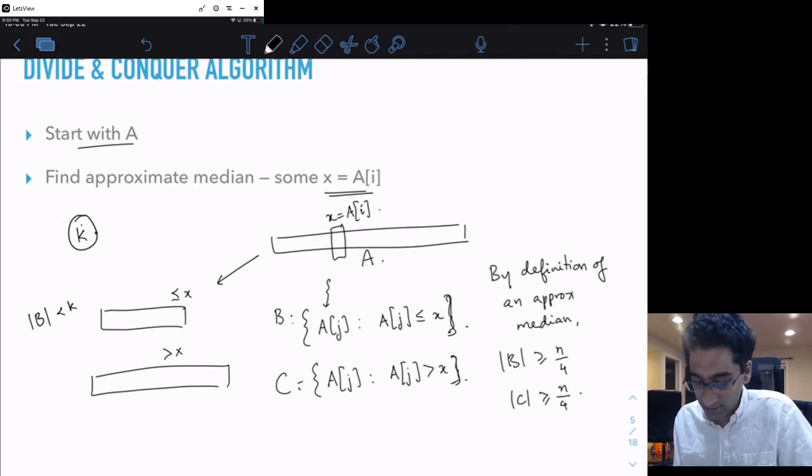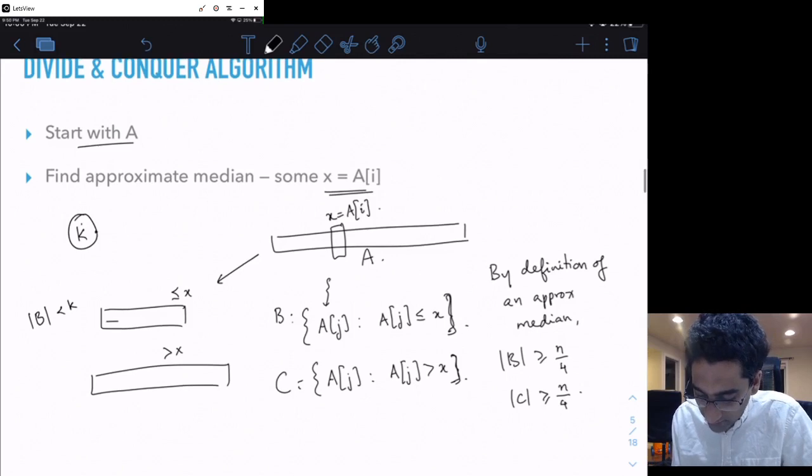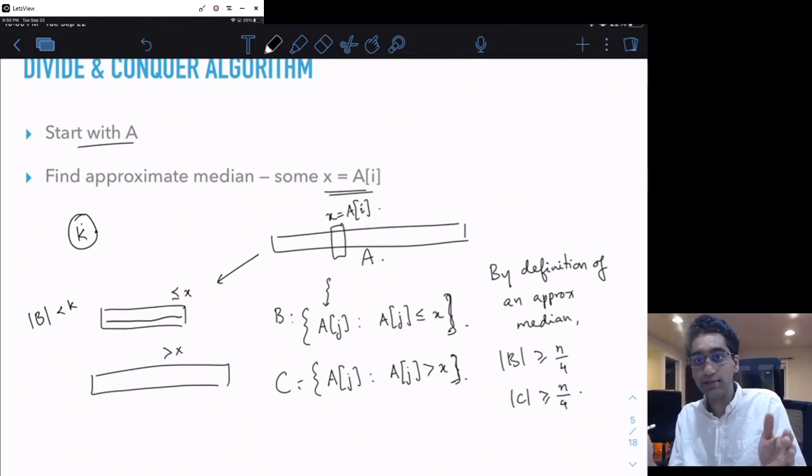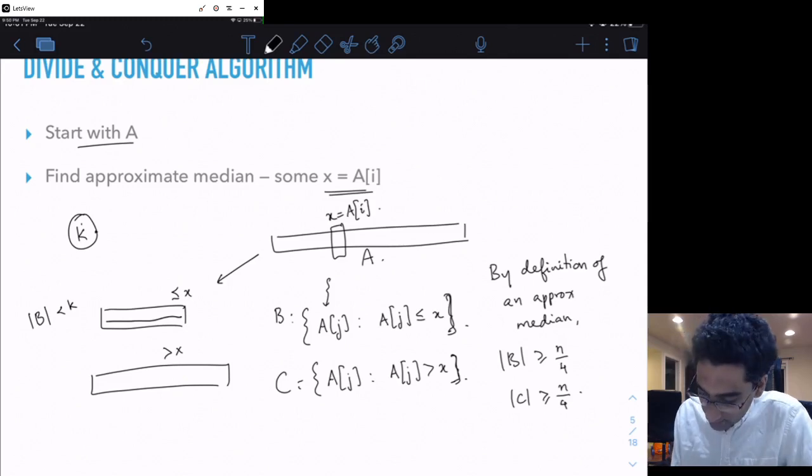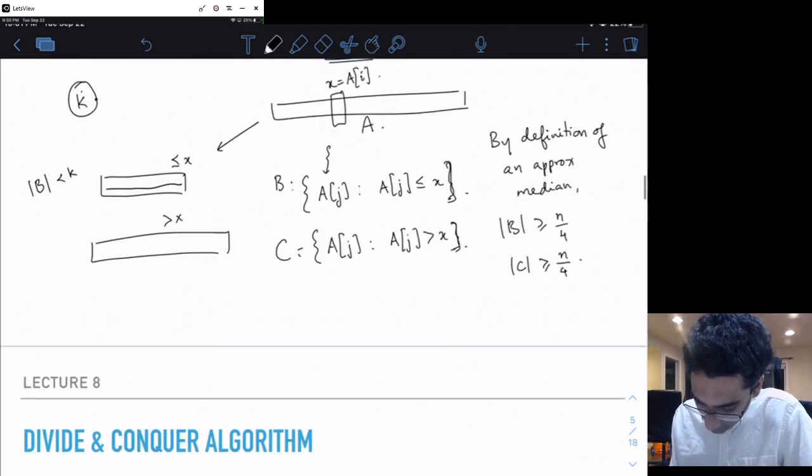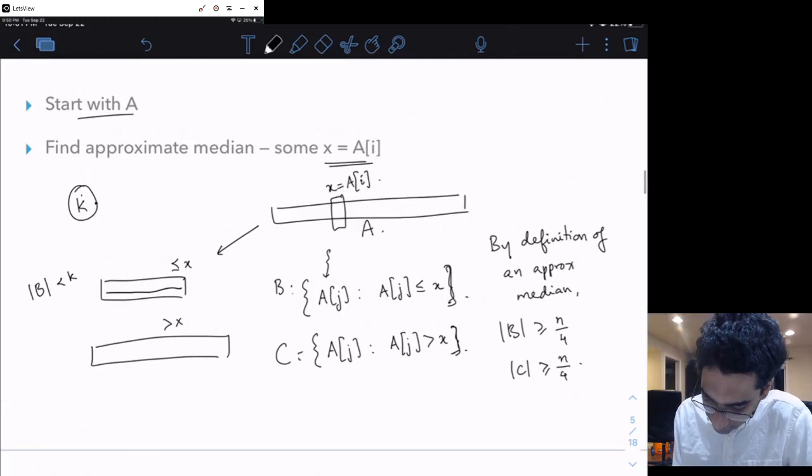Right, actually it must be strictly more than x, because B contained all the elements in A that were smaller than or equal to x. Okay? And there were fewer than k of those. Okay? Which means that the kth smallest element of the array must be strictly bigger than x. Okay? And so let me consider two cases.